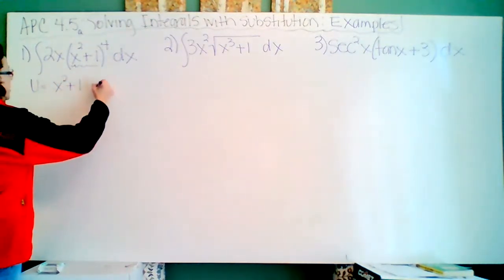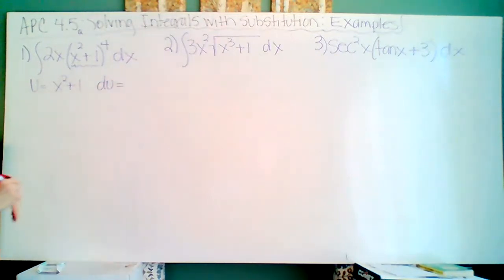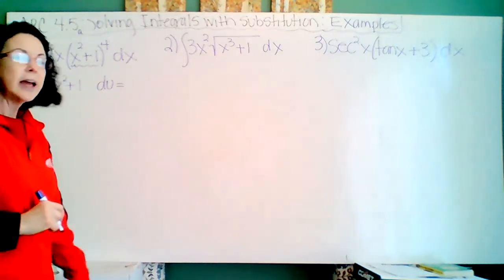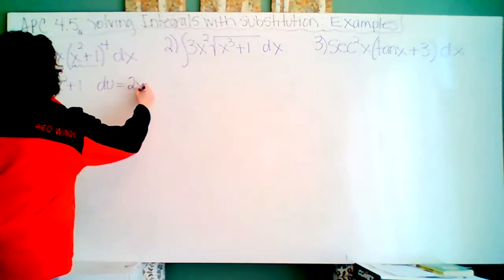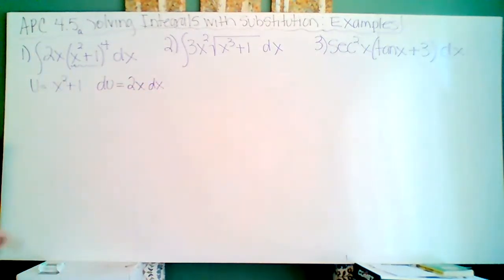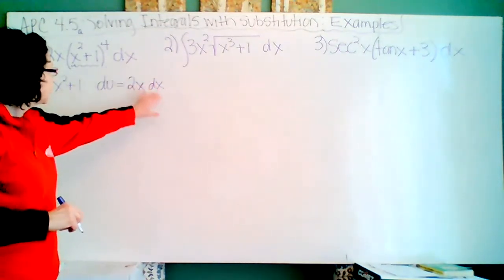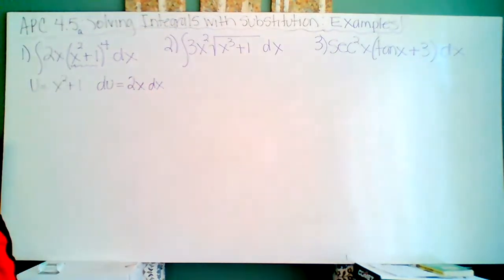I also see that when I take the derivative of this expression, I get 2x dx, again because I am taking the derivative with respect to u. I have to have the dx for a perfect substitution, and by the chain rule, it needs to be there.